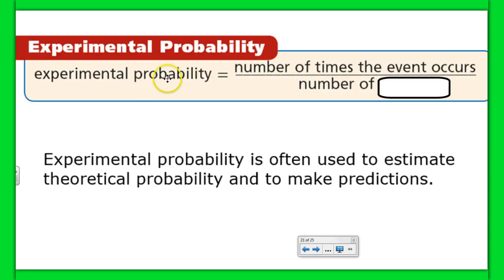So experimental probability is actually doing the experiment and finding the number of times that the event occurs and placing that over the total number of trials. So experimental probability is often used to estimate theoretical probability and to make predictions, right?